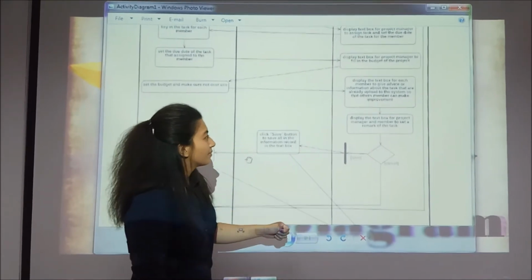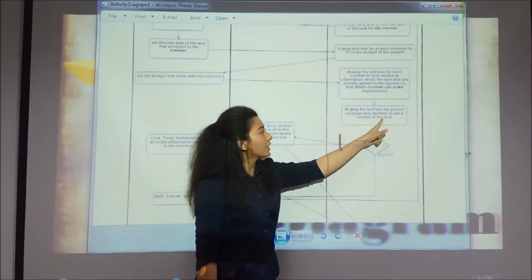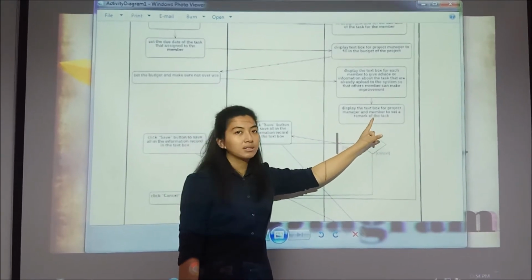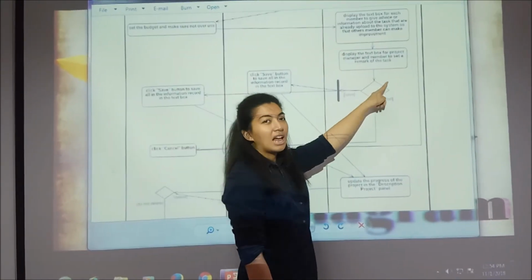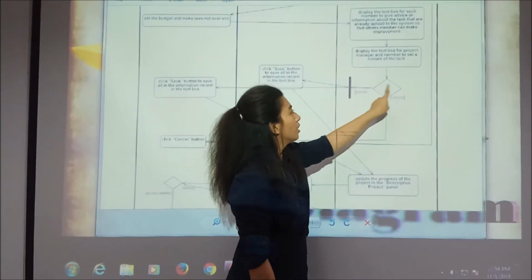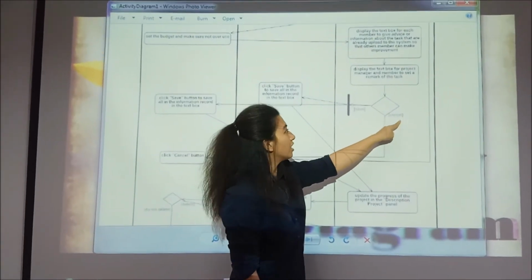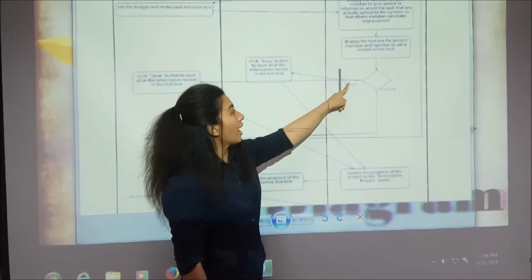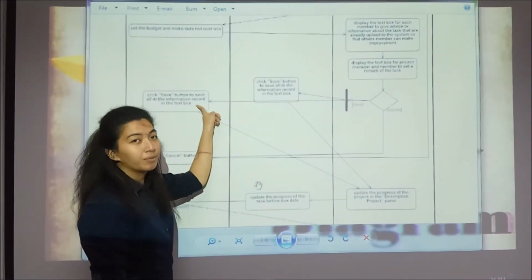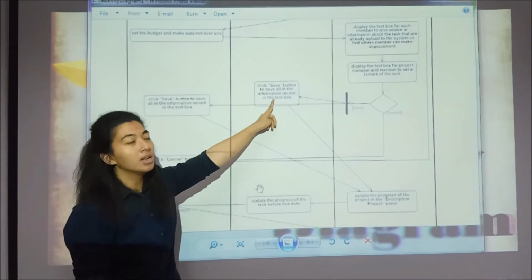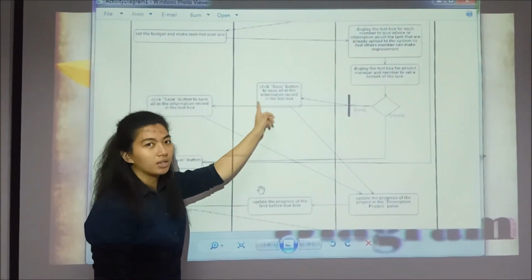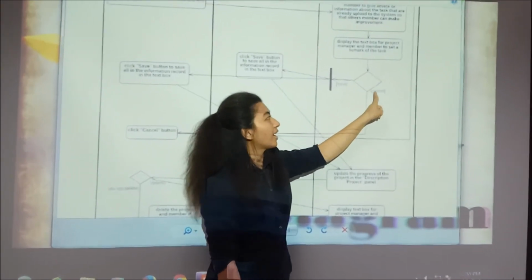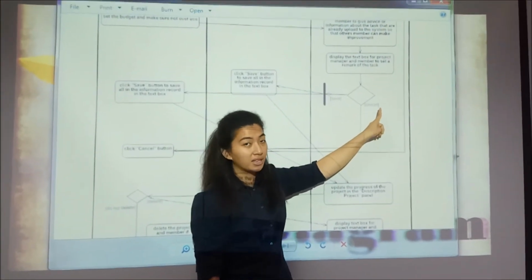After that, the system will display the text box for the project manager and members to set the remark of the task. Okay, now there are two options on the system, which are save and cancel. If they have already set the remark, they can save. Project manager and member, both of them can click the save button to save the remark. If they didn't make any remark, they can choose to click the cancel button.